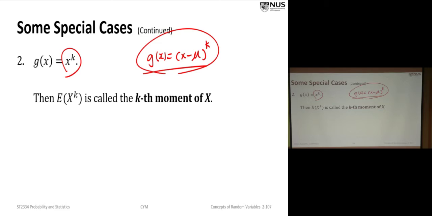Central, because the expectation of x^k is relative to 0. It's (x minus 0) to the power k. So the second one that I wrote down here is (x minus 0) to the power k. So it is just the kth moment. This one is relative to mu, which is the center. So this one is called the kth central moment, of the random variable x, of the distribution of x.